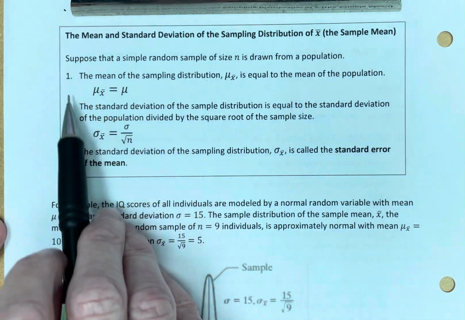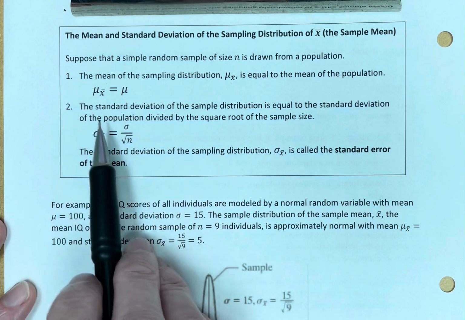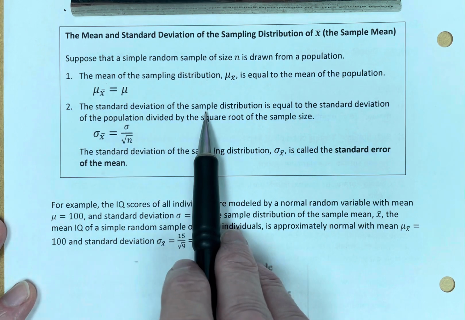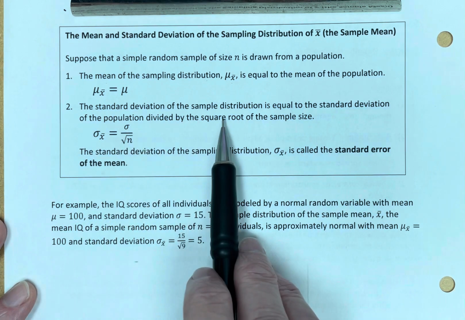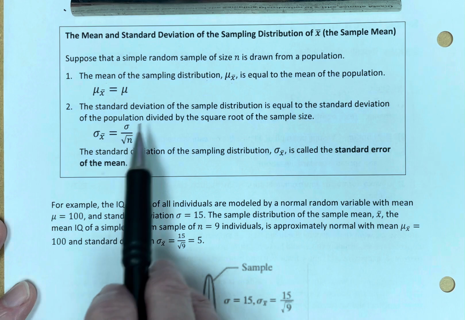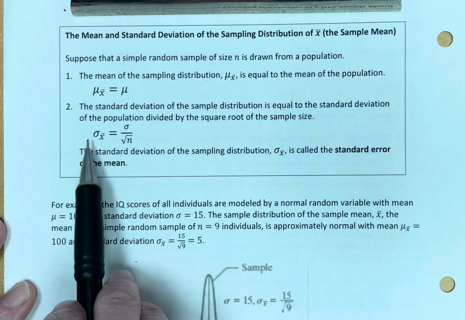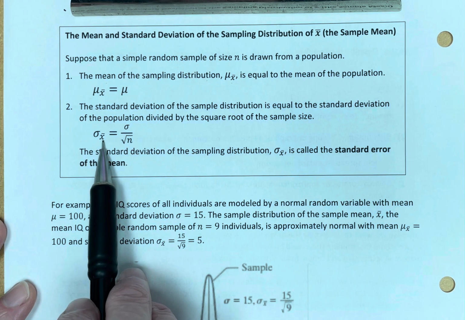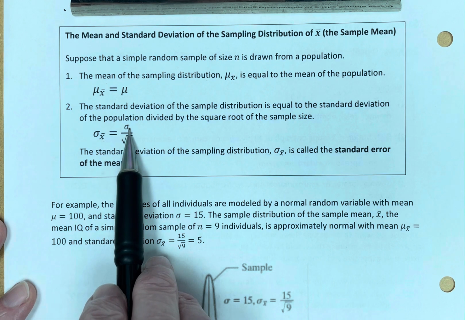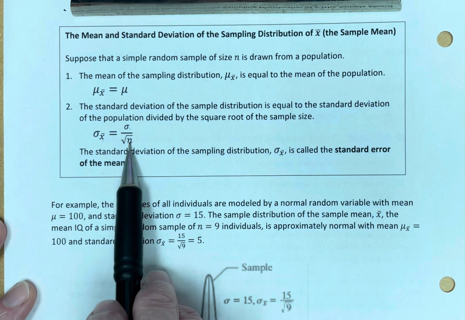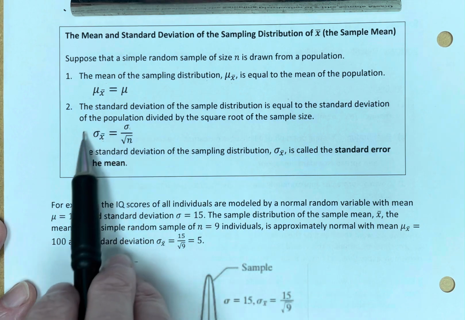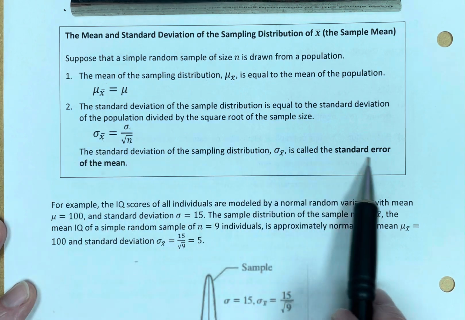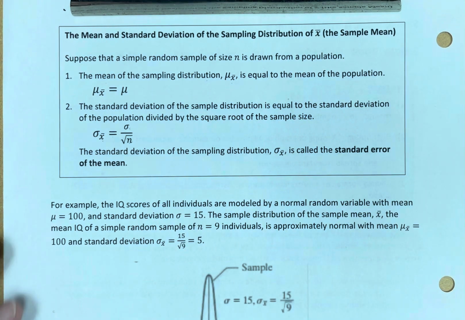The standard deviation of the sampling distribution is equal to the standard deviation sigma of the population divided by the square root of the sample size. The standard deviation of the sampling distribution is called the standard error of the mean.